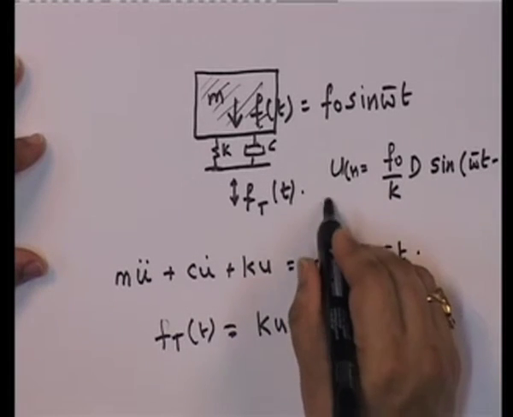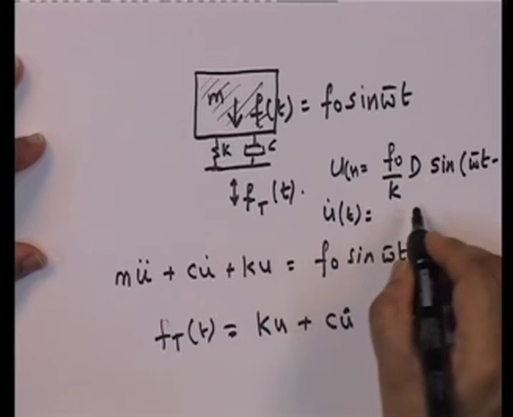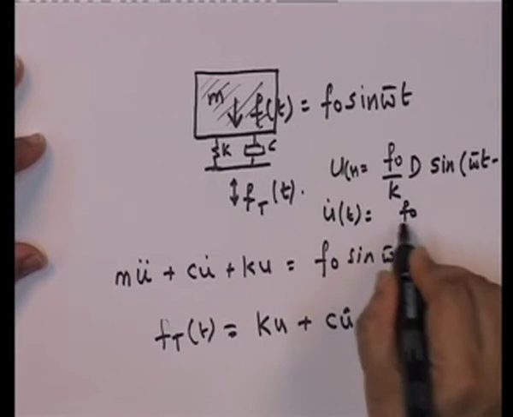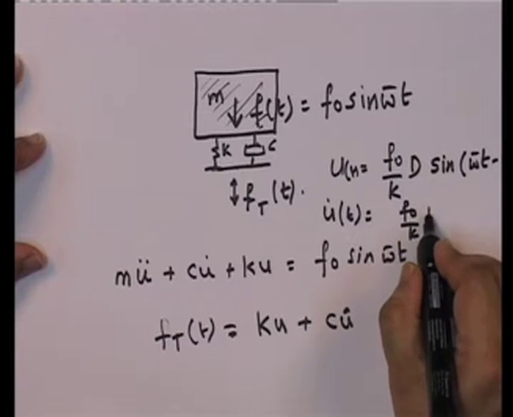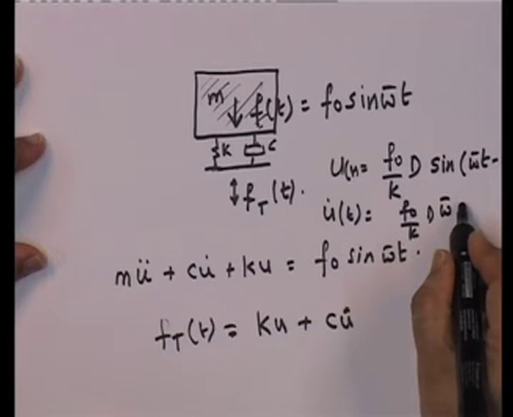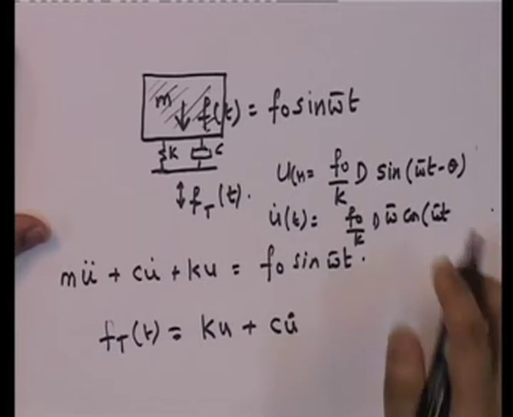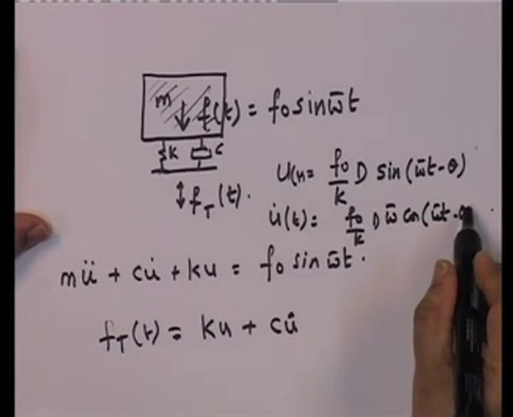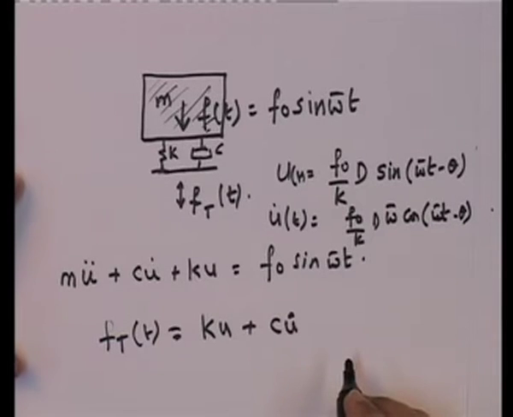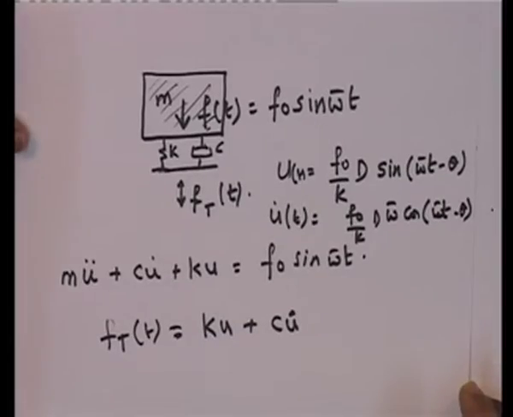And what is my u dot of t? U dot of t becomes F0 upon k D omega bar cosine omega bar t minus theta. Once I have these, I plug these in, and my transmitted force becomes very simple.